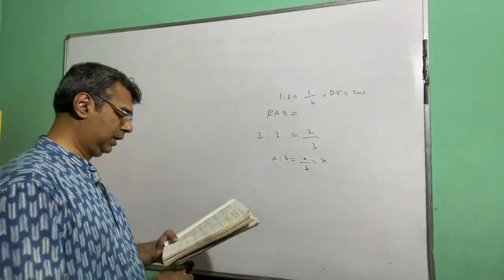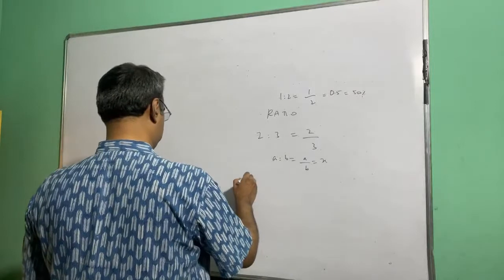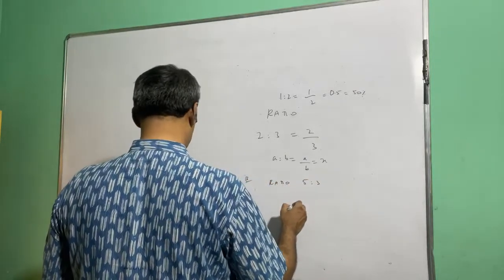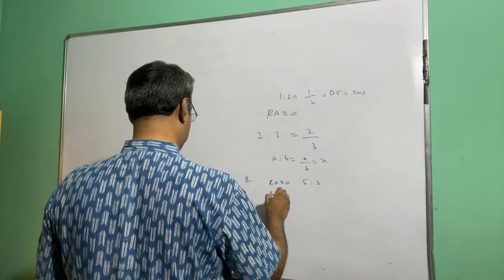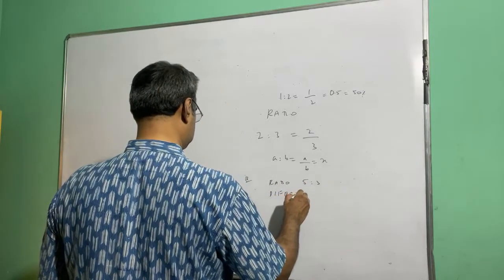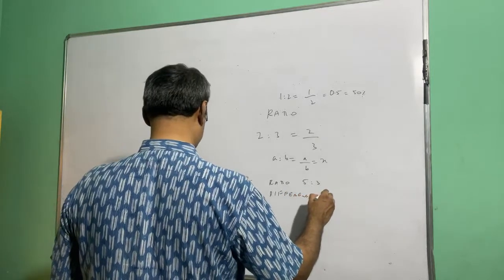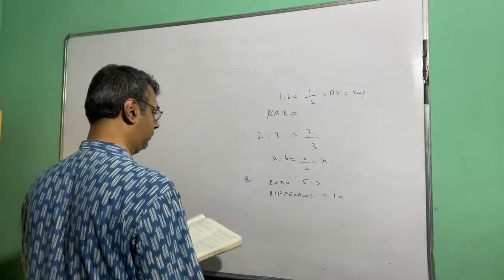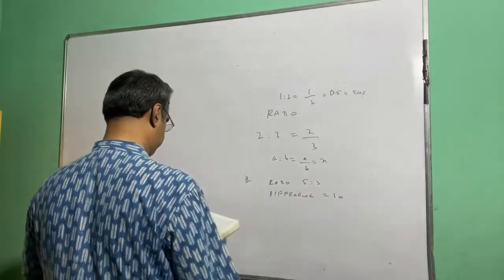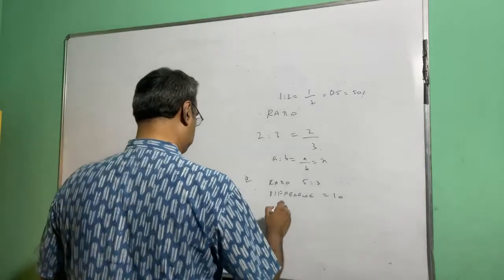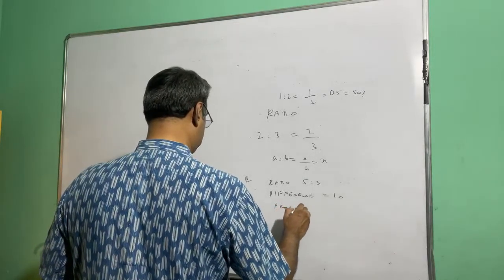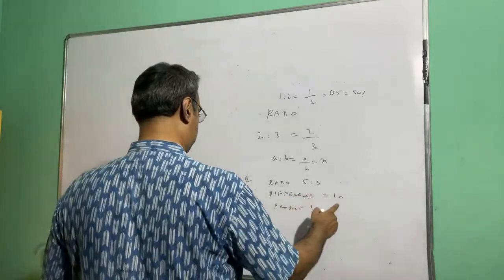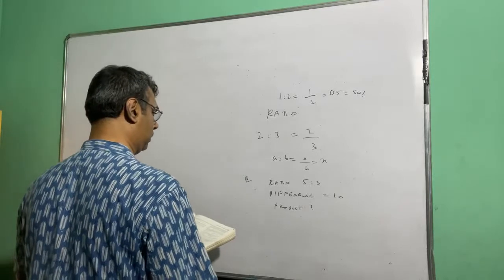Suppose there's a question: the ratio is 5:3 and the difference is 10. There are two numbers, and you have to find the product.